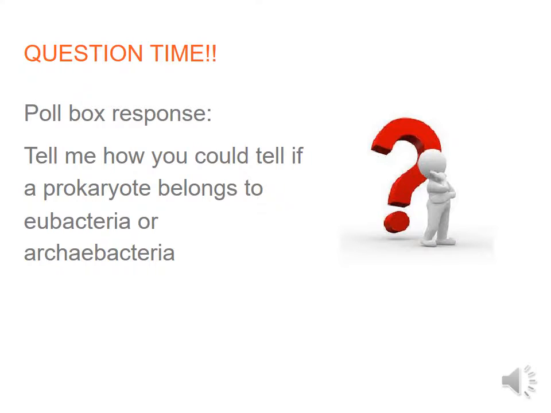All right, question time. Tell me how you could tell if a prokaryote belongs to either the eubacteria or the archaebacteria categories. I'll give you a second to think about it. All right, so eubacteria are helpful and harmful to humans, and they have what's called a peptidoglycan.